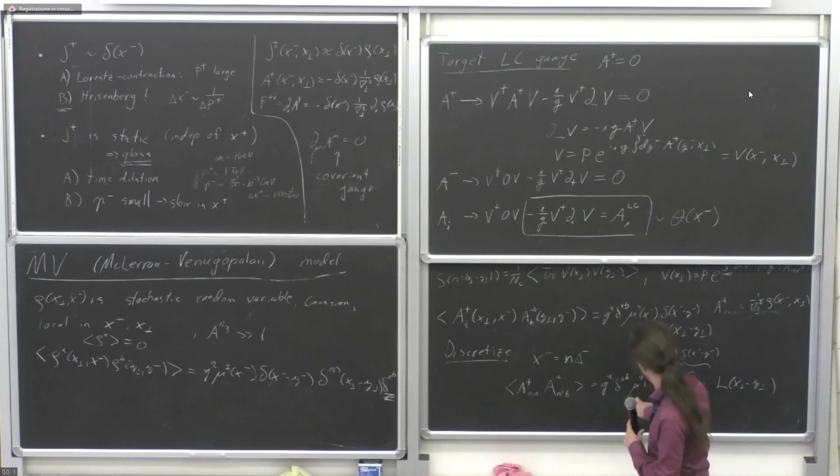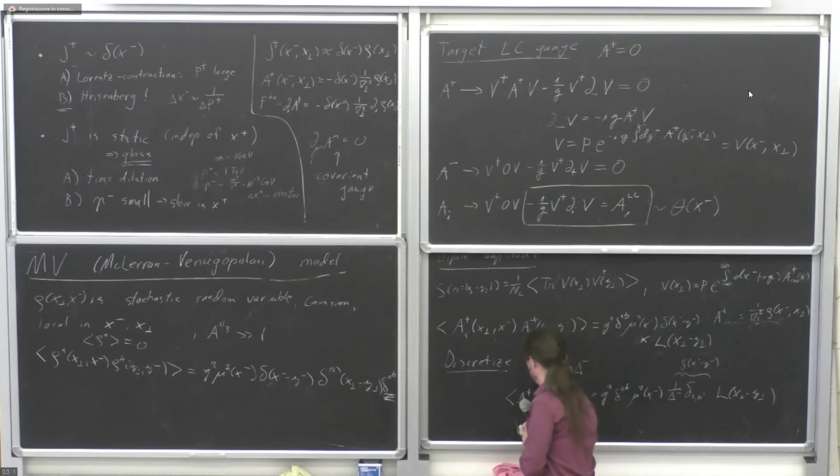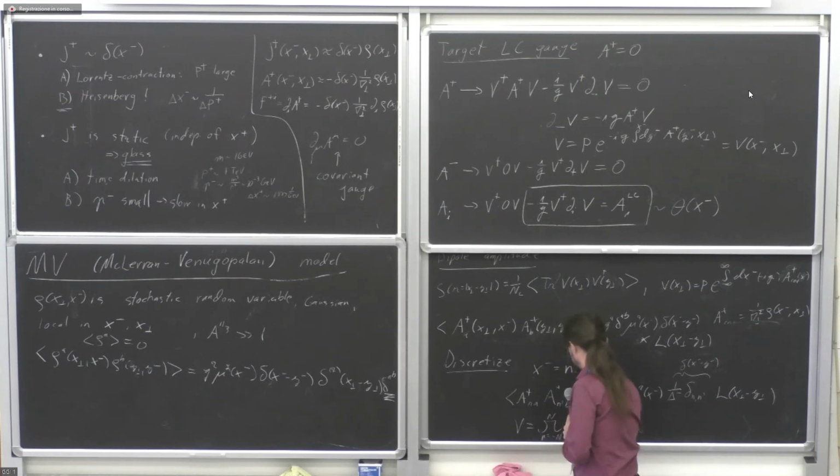And then I want to discretize this path ordered exponential. So the discretized path ordered exponential is that this V is a product of n going from, let's say, minus capital N to plus capital N of the exponential of minus i g.